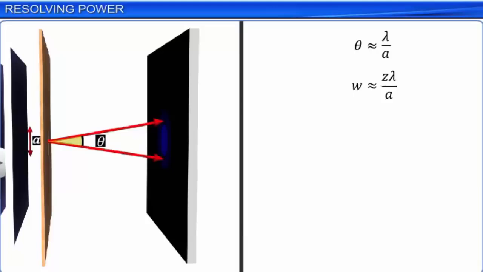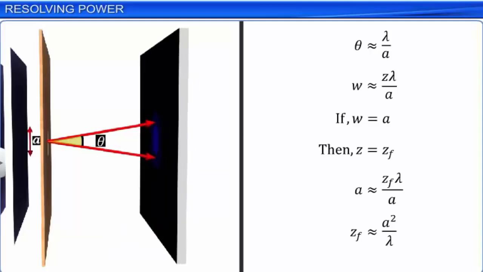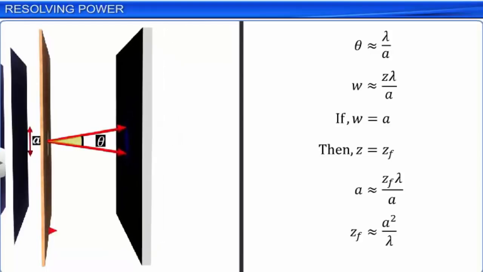Hence, zf is approximately equal to A squared by lambda. Hence, for distances smaller than the Fresnel distance, the spreading due to diffraction is also small. But for distances greater than zf, the spreading due to diffraction is considerably large and it dominates the assumptions of ray optics.